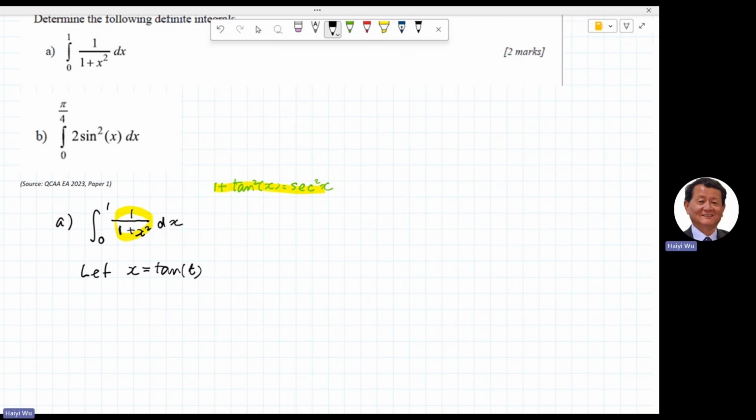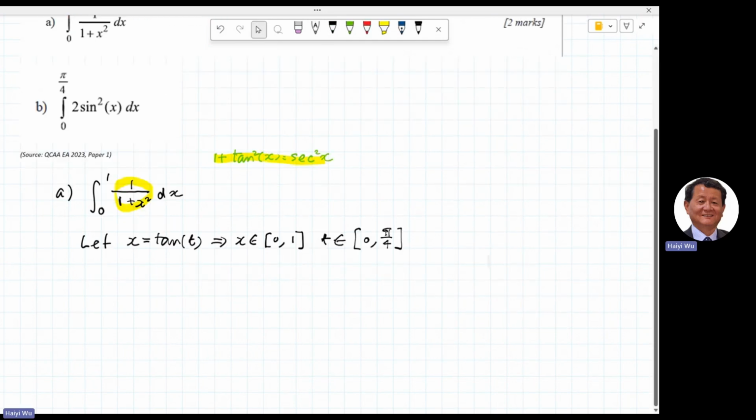So use another variable. Therefore, x from 0 to 1, we need to decide a new domain. So 0 to 1, t will be from, if you take the inverse, 0 to pi over 4. So you will see the integration limits changed.